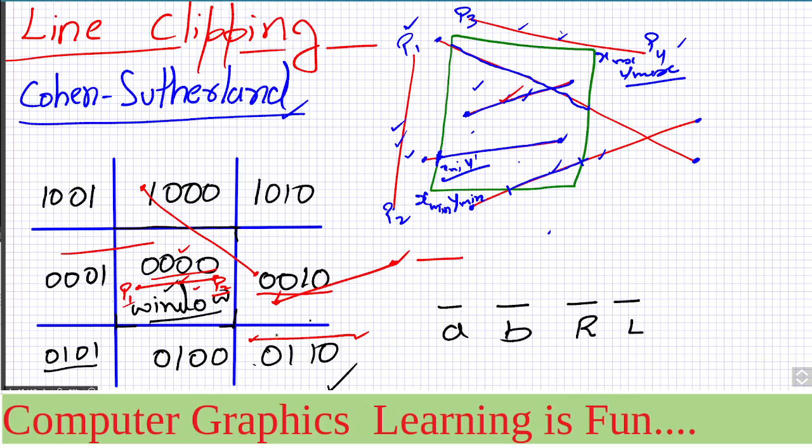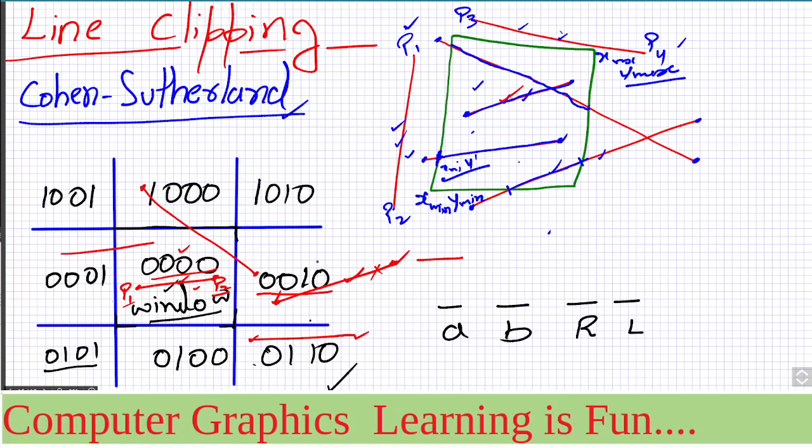If the code of the endpoints is not 0 0 0 0 and the code is the same, it means that the line is outside the window completely, and in that case we can ignore such lines.